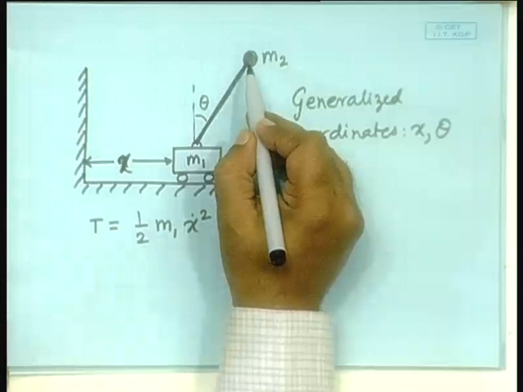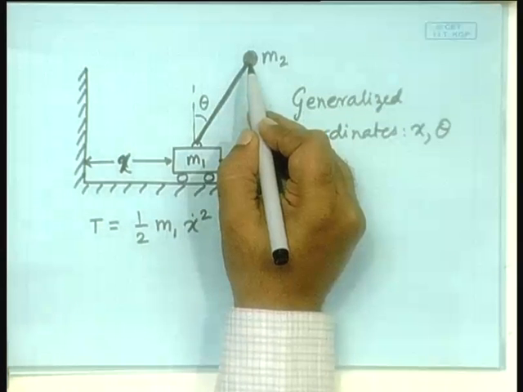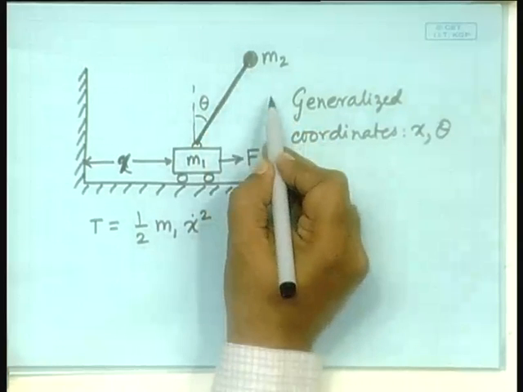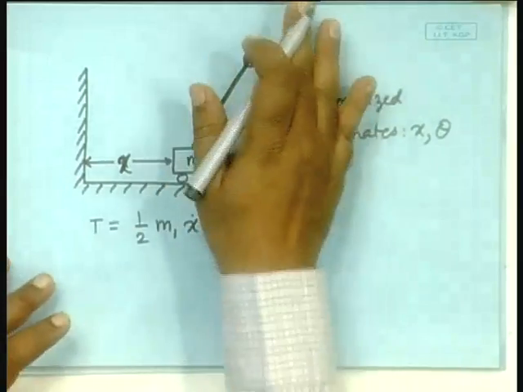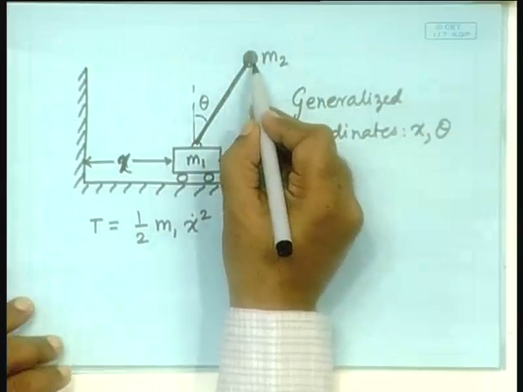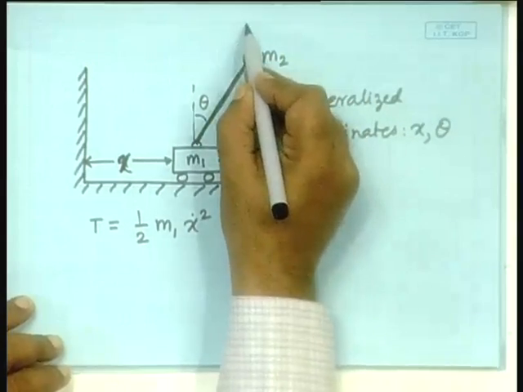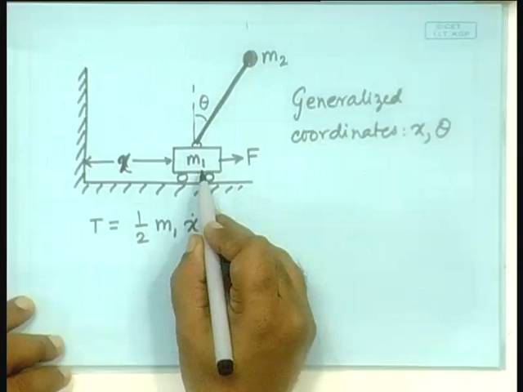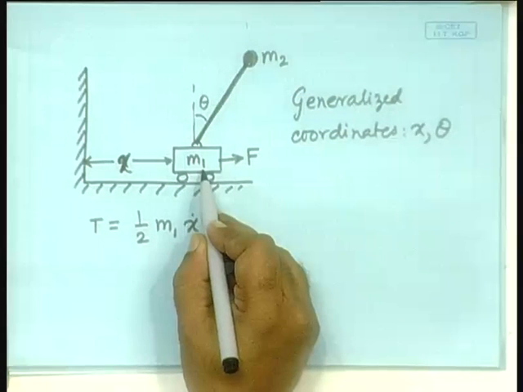For this one, it is a bit complicated because it has a circumferential motion. There is no radial motion, all right, but that circumferential motion has to be broken into two components, x and y, and x has this additional x dot added to it.